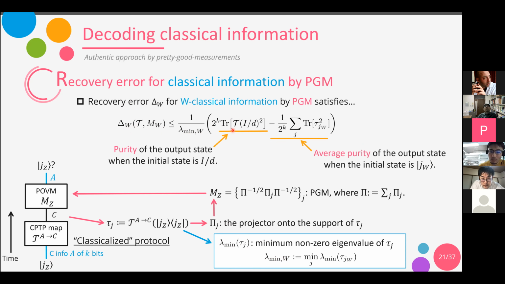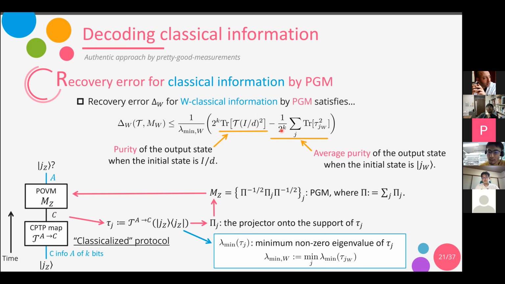The first term is 2 to the power of k, where k is the number of qubits of the quantum information, times the purity of the output state when the initial state is identity over d. So this is a completely mixed state. So the first term is given by the purity of this output system when the initial state is completely mixed. This is a very important quantity in the upper bound.